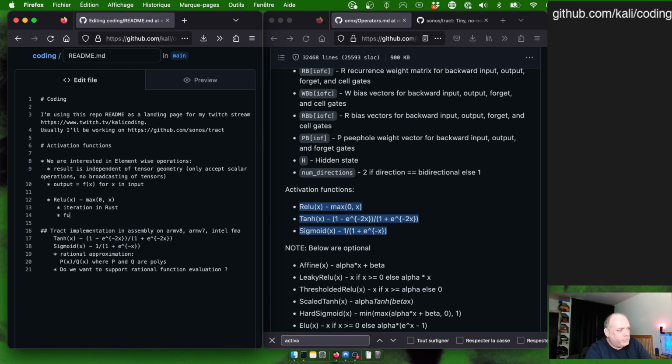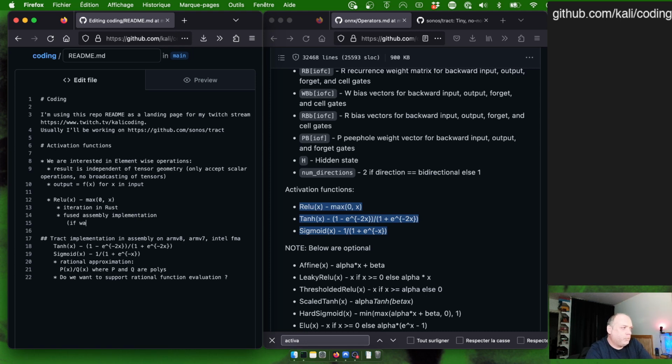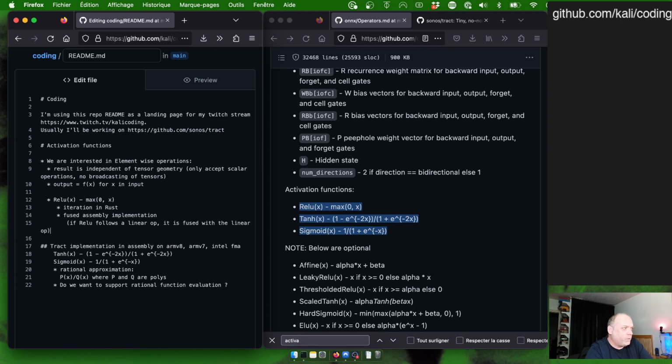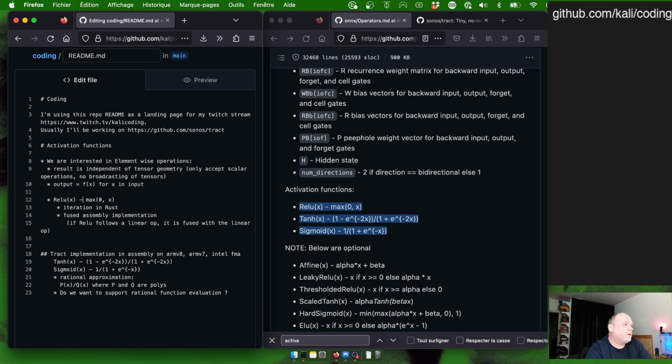We also have a fused assembly implementation. So if we are doing a big linear operation, and ReLU follows a linear operation, which it usually does, it is fused with the linear op, which is a good thing, because basically this will take like one cycle or even half a cycle to do, let's say on ARMv8, over 4 values, or 8 values if we are dealing with half precision.